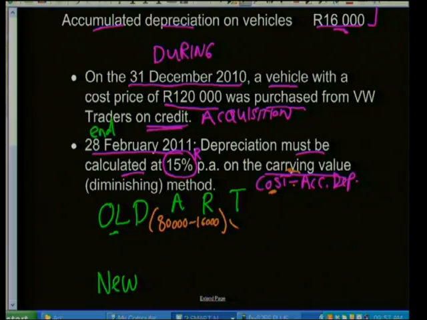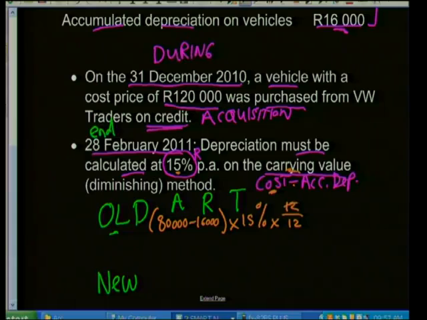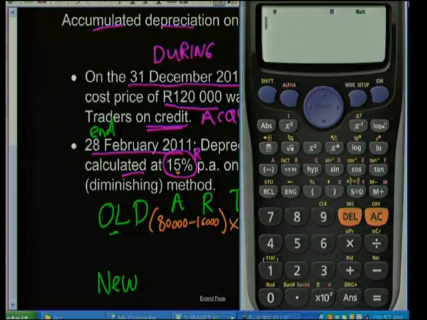I'm going to then multiply this by the rate of depreciation, which is given to me at 15%. And then time, because it was the old vehicle, I've used it for the entire financial year. So 12 over 12, which will cancel out. My depreciation on the old vehicle will be as follows.